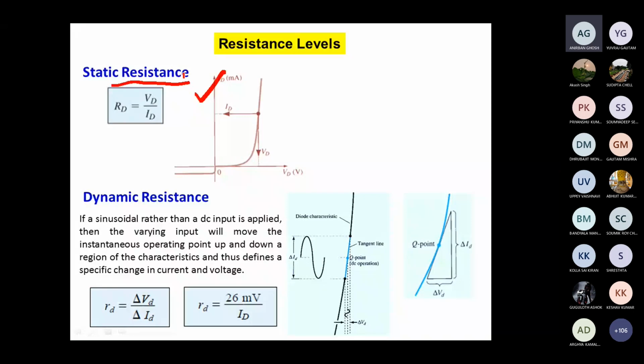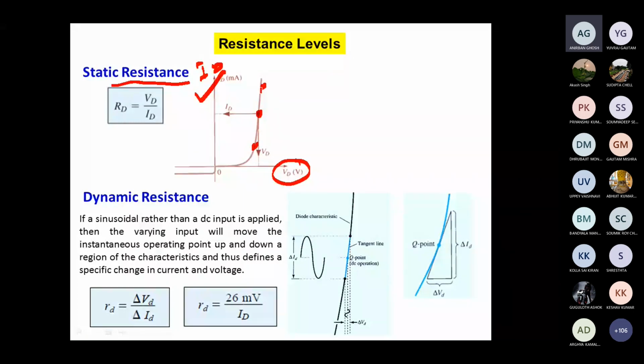So when you plot VD and here ID, you will have this type of characteristic, diode current versus diode voltage. At a particular point you choose, at a different point you can have a different resistance.